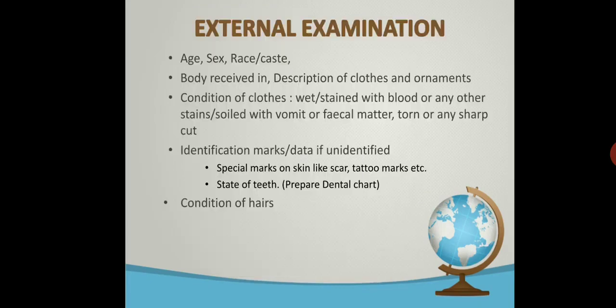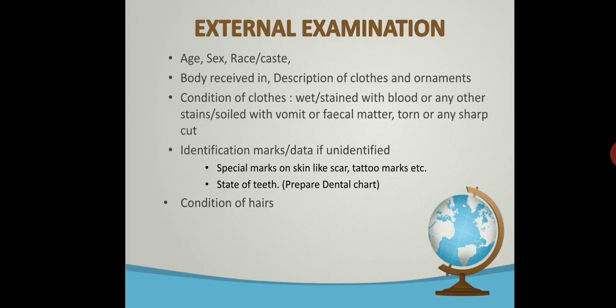In the second part of the postmortem report, we have to mention the external examination. In column number 7 you write the age, sex, and race of the person, how the body was received, and a description of the clothes or ornaments.